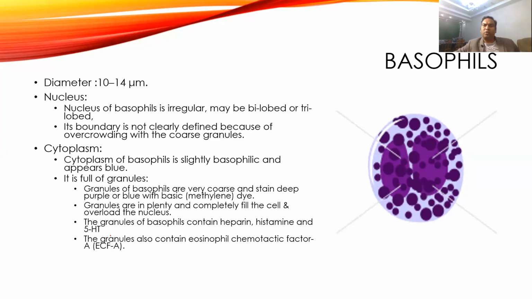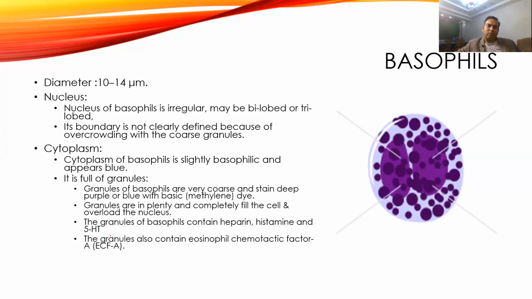These granules are so overcrowded that they completely cover the nucleus. The nucleus is stained with the basophilic stain, and the granules are also stained with the basophilic stain, so it is very difficult to differentiate between nucleus and granules.